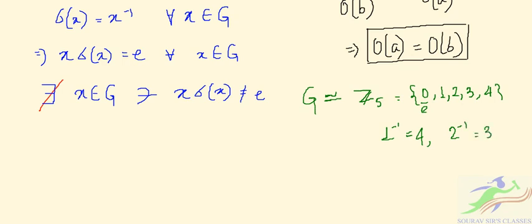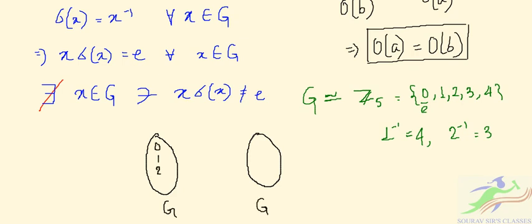So if we draw two groups, something like this, this is one of the G where we have the 5 elements, mapping onto G with the same 5 elements: 0, 1, 2, 3, 4 and 0, 1, 2, 3, 4. So 0 corresponds to 0, which is the identity element.